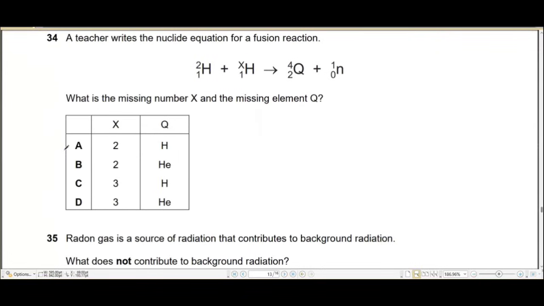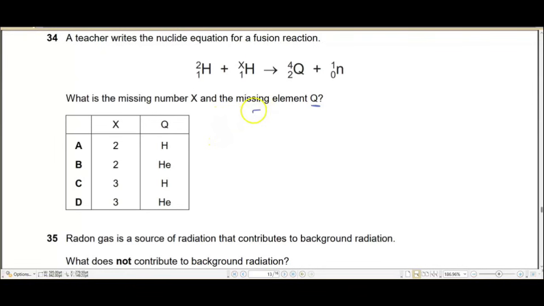Question number 34. A teacher writes the nuclide equation for a fusion reaction. What is the missing number X and the missing element Q? Now this is a fusion reaction. So here there is deuterium, and we have to find this. How can we find that?